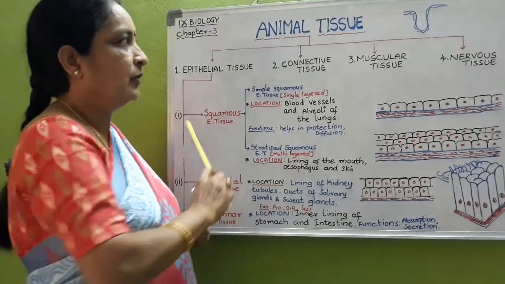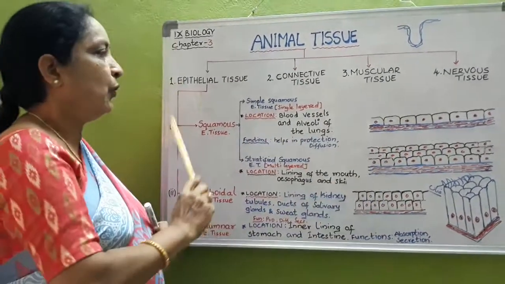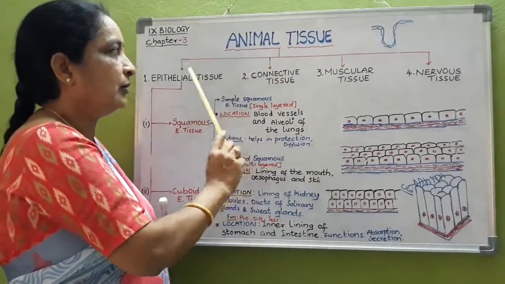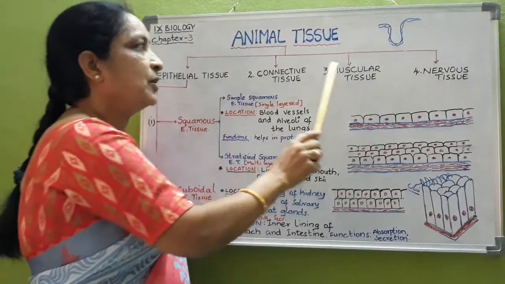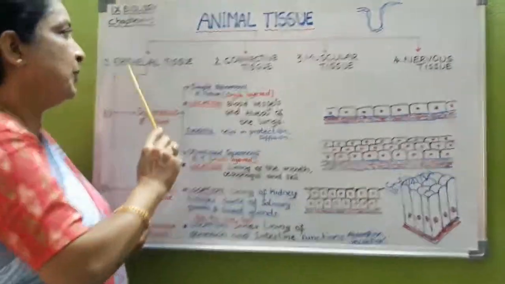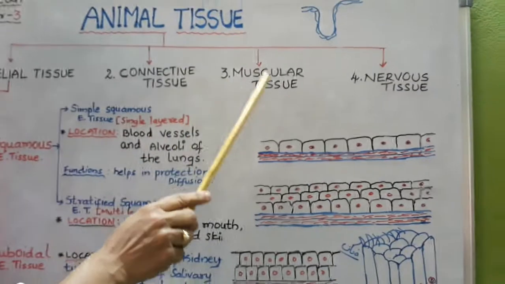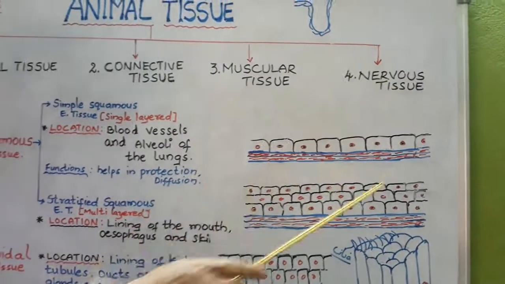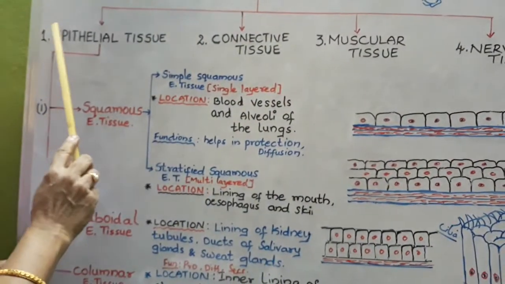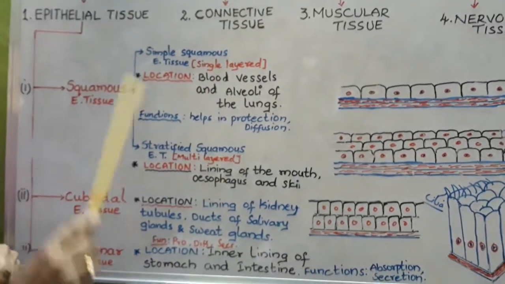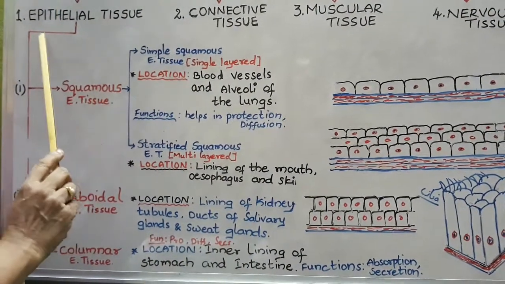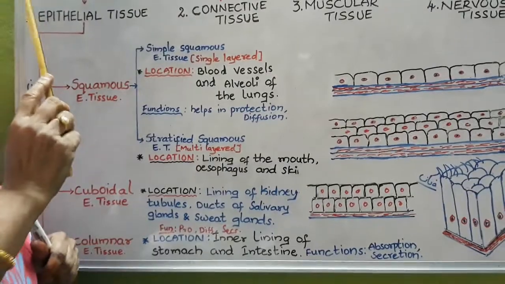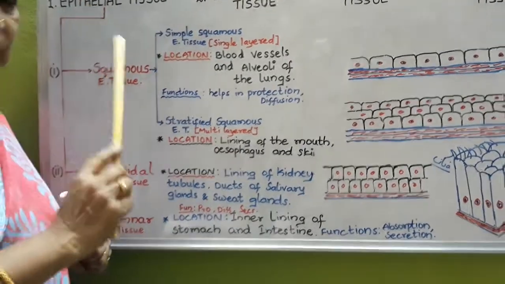So today, children, we have learned there are four types of animal tissues: epithelial tissue, connective tissue, muscular tissue and nervous tissue. But today we have completed only one type of tissue, that is epithelial tissue. This tissue is mainly called protective tissue.